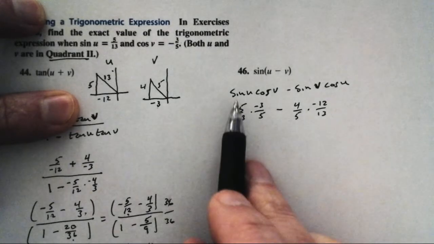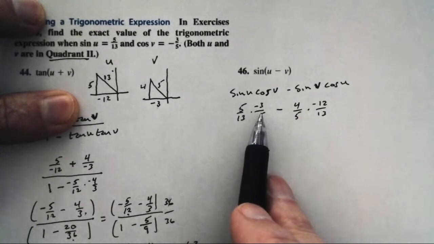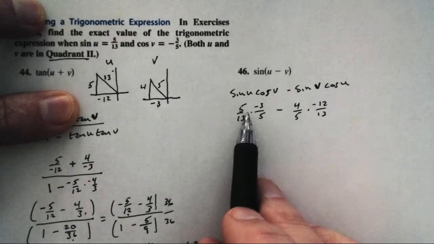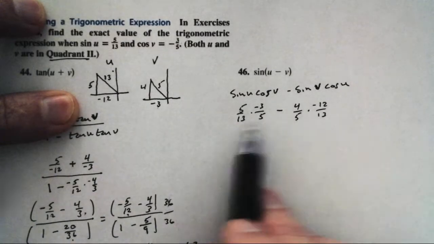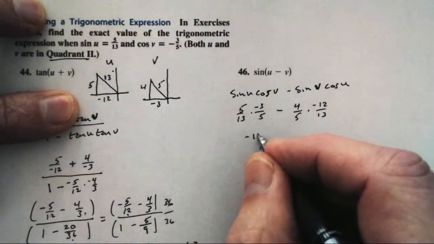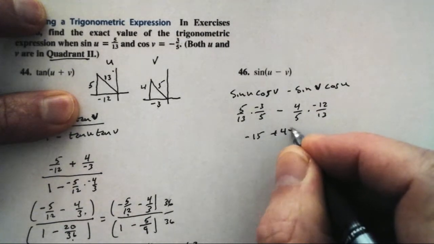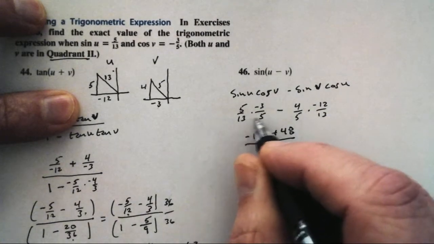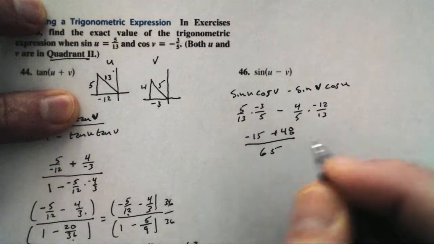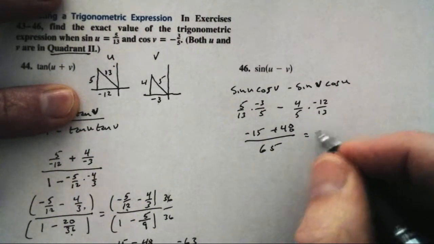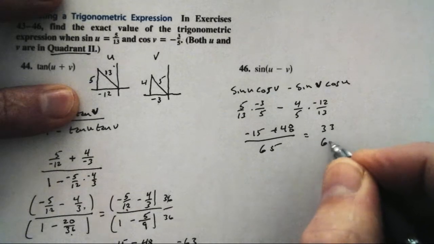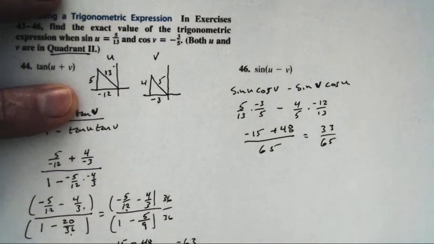And I realize my 5s could reduce here. Is there a payoff in doing that? I don't think so, because notice we have nice common denominators. This gives me negative 15 minus minus plus 48 all on 65, or I get 33 on 65, which does not reduce.